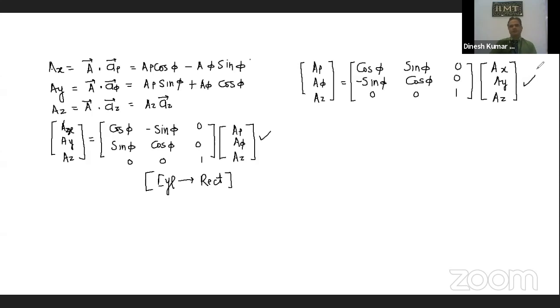So these two are the matrices for converting a given vector from cylindrical to rectangular or rectangular to cylindrical coordinate system.